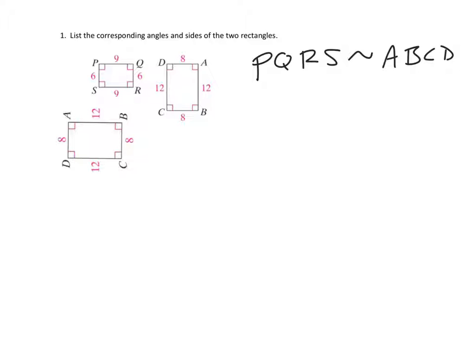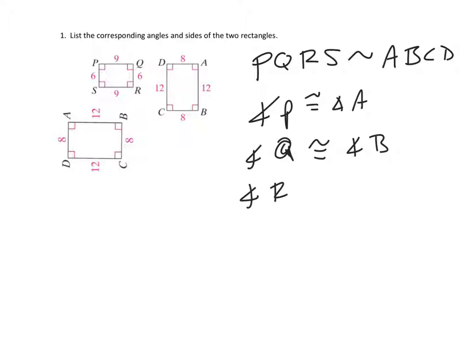And again, we know that order matters. Let's start with angles, okay? We know that angle P is congruent with angle A. Angle Q is congruent with angle B. Angle R is congruent with angle C. Again, hopefully we're catching on, right?